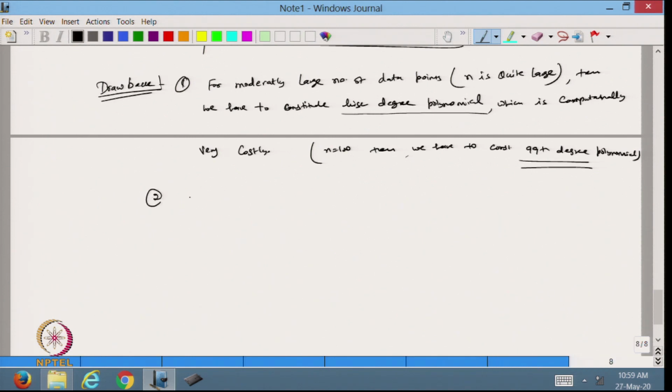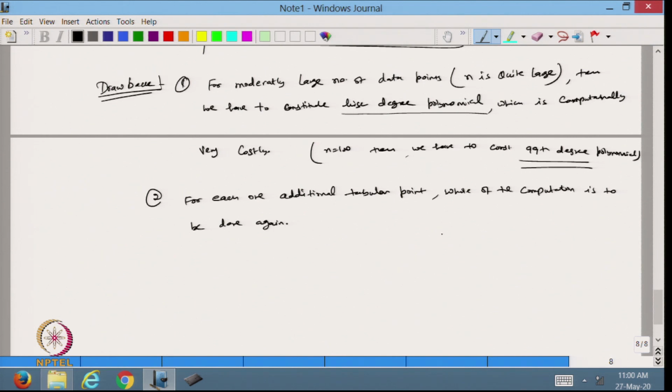The second one is that for each one additional tabular value, the whole computation is to be done again.